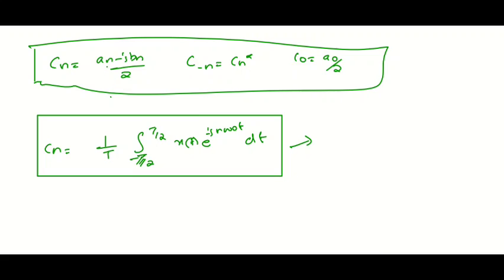We can get it by substituting the value of an and bn here and applying e raised to j theta equal to cos theta plus j sin theta. Please do it by yourself. Okay, so Cn equal to 1 by T integral minus T by 2 to T by 2 x of t e raised to minus j n omega 0 t. This is another formula to be remembered.